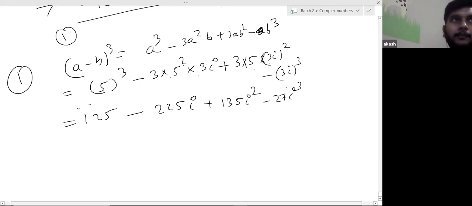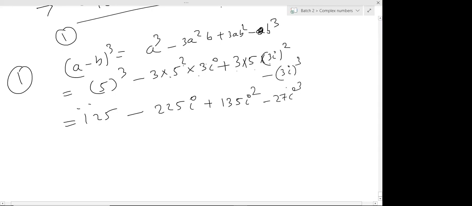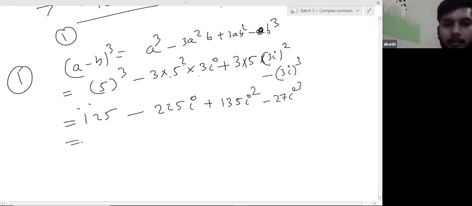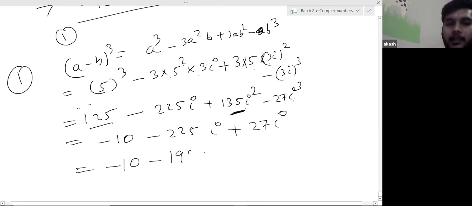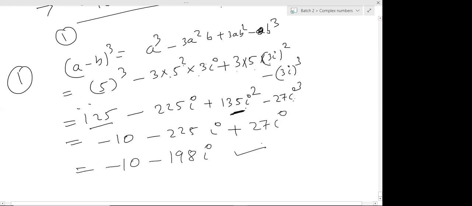Clear? Yes, sir. So again, we have minus 135 plus 125 is minus 10. And i cube is minus i, so this is 225i plus 27i. So we'll have minus 10 minus 198i. Clear? Okay, sir. I just did some multiplication wrong somewhere.